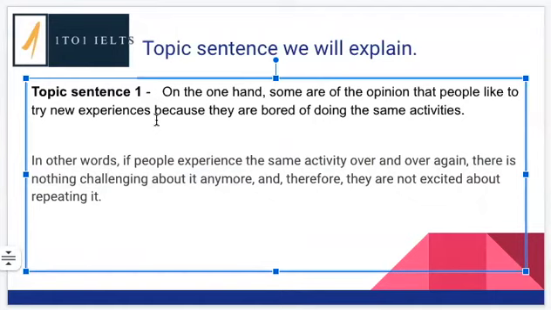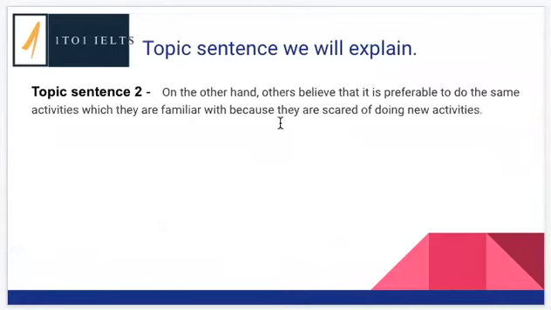So we've got the explanation for the first topic sentence. We had a different idea. So on the other hand, others believe that it's preferable to do the same activities which they're familiar with because they are scared of doing new activities. So what part of this do we need to be explaining?